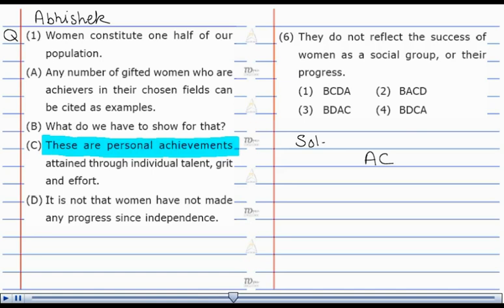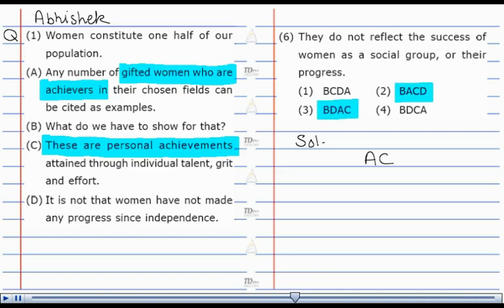The achievements mentioned in statement C are the achievements of gifted women who are achievers. Therefore, the link AC.